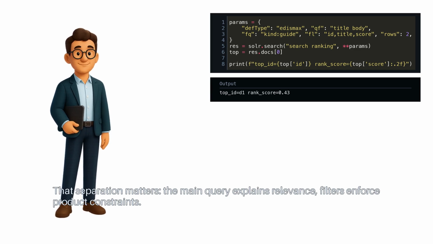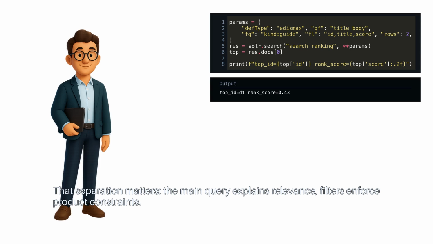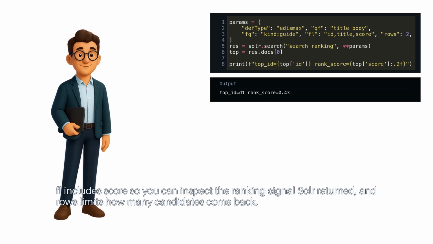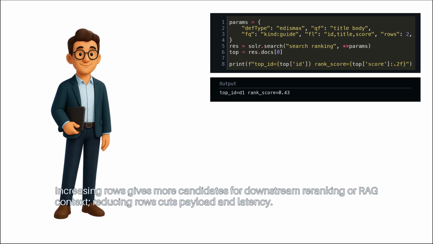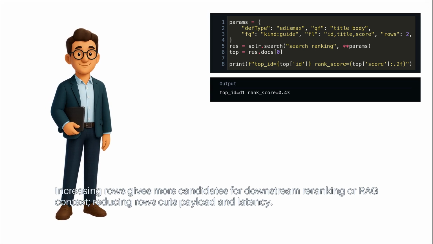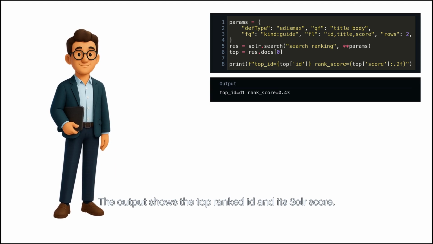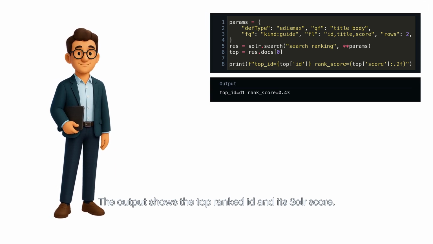The main query explains relevance, filters enforce product constraints. fl includes score so you can inspect the ranking signal Solr returned, and rows limits how many candidates come back. Increasing rows gives more candidates for downstream re-ranking or RAG context. Reducing rows cuts payload and latency. The output shows the top-ranked ID and its Solr score.